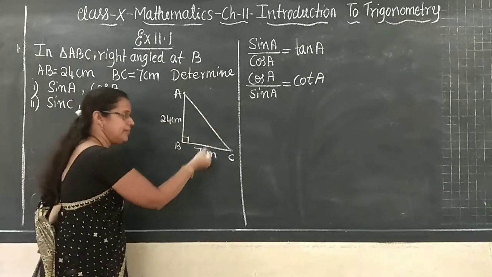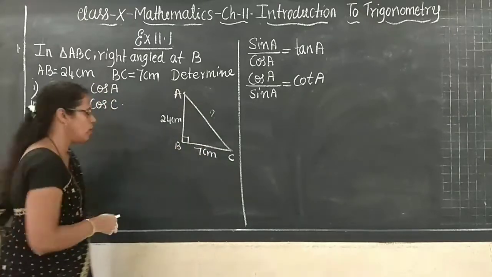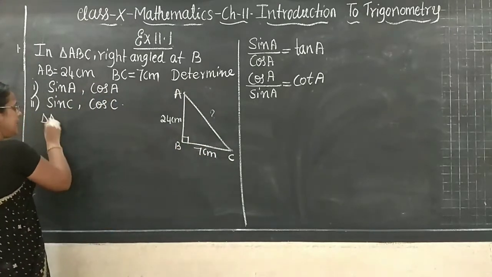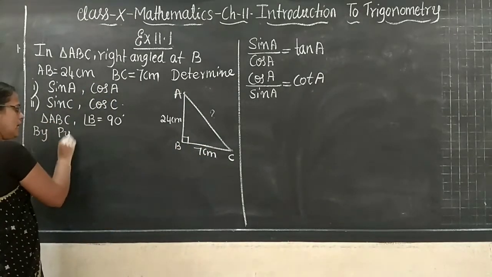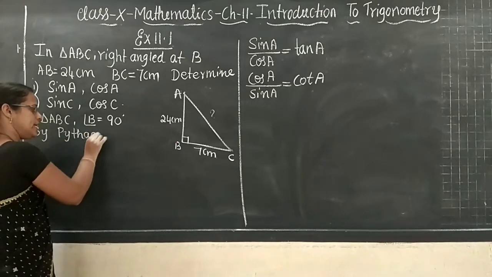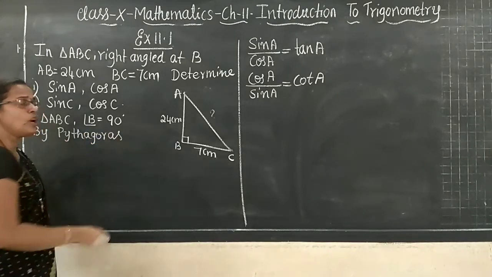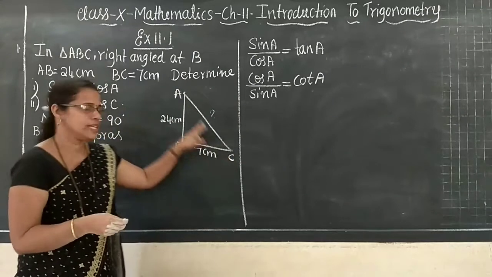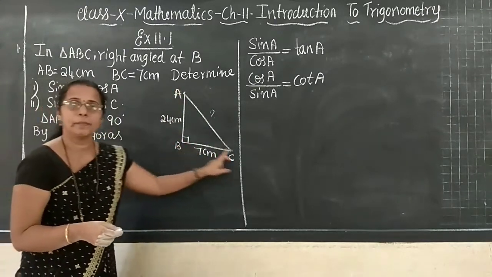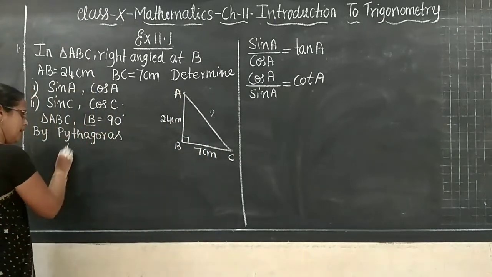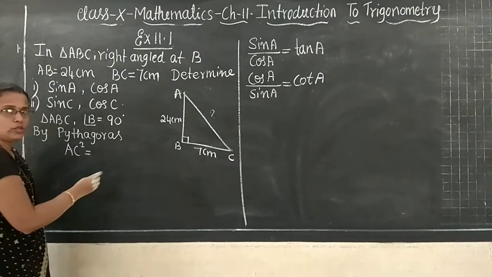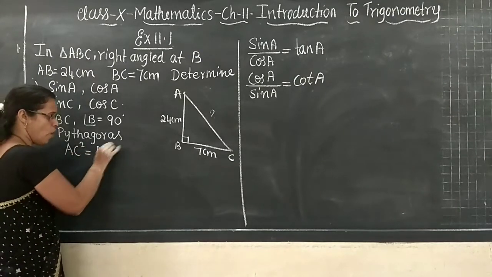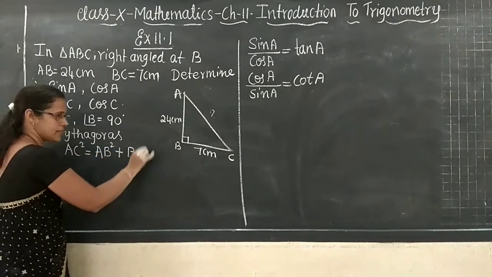In the triangle, by Pythagoras, what does he say? AC square is equal to AB square plus BC square. Hypotenuse square is equal to the sum of the other two squares.